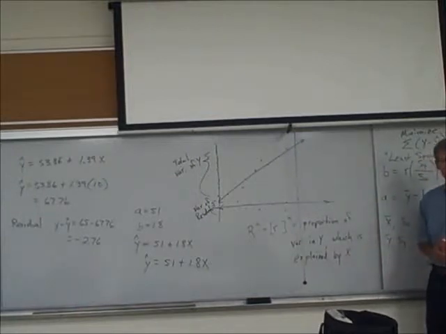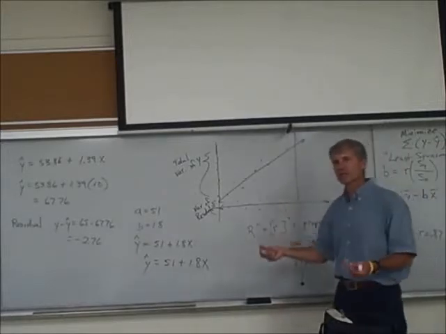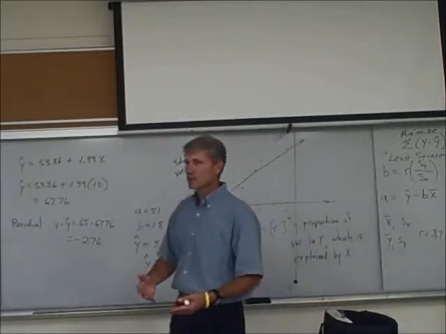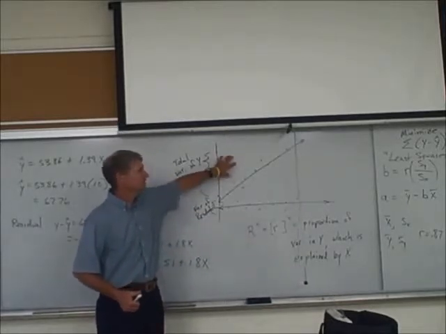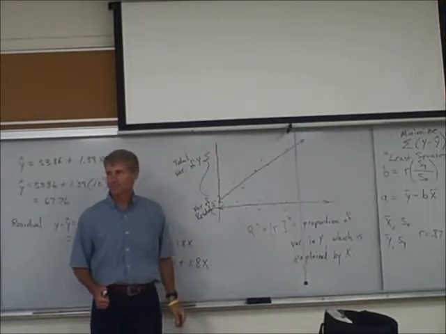I just didn't want to write all that. Explained by x. So when you take your correlation coefficient and square it, you get a measure of how much variability is explained by the line.